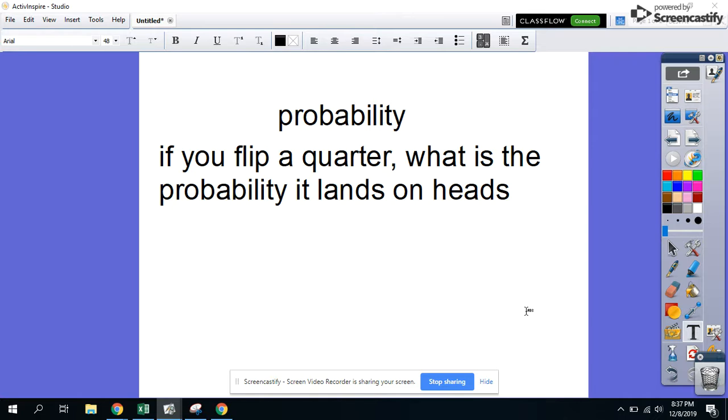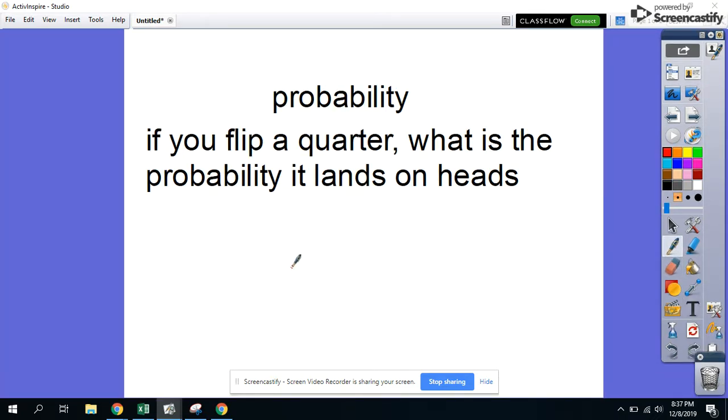Okay, now this is actually pretty easy to find out. There's kind of a way of realizing this. It is always this: how many possible options are there? Okay, in a quarter's case, there's heads and there's tails. So there's two possible things that can happen. So that goes on bottom. This is how many possible ways it can happen.